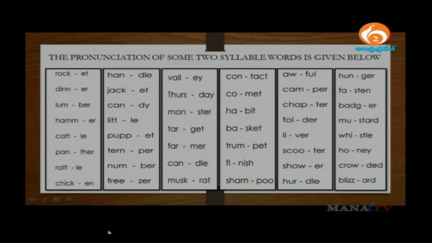So these are some of the two-syllable words which help you in pronouncing the words to separate the different uninterrupted sounds and then talking out the word.